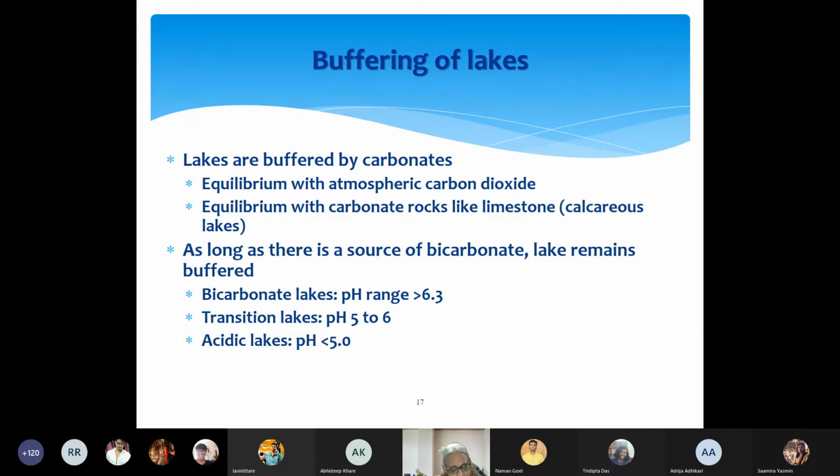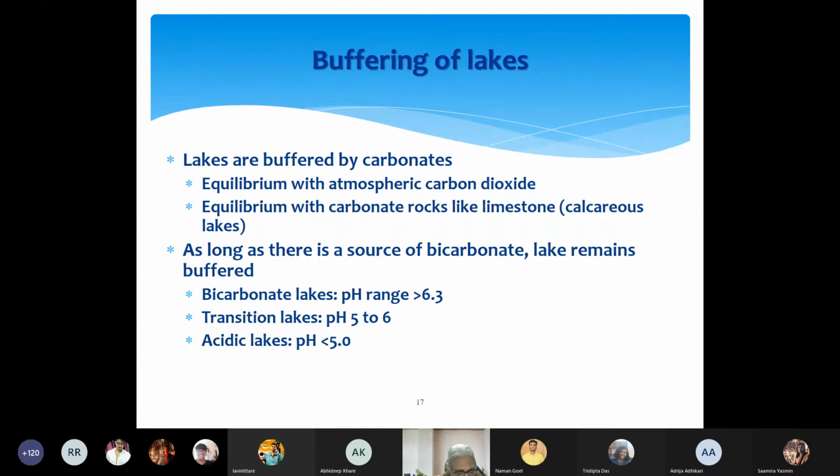So if the surrounding rocks, including the bedrock, have fair amounts of carbonates in them, then the lakes are buffered by these carbonates. And therefore, when you have high levels of carbon dioxide in the atmosphere, it will remain in equilibrium up to a certain point. As long as that buffering by carbonates exists, that will continue.